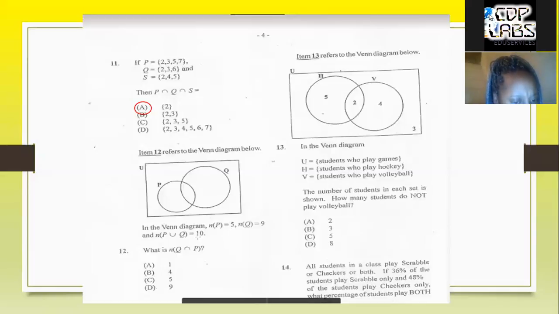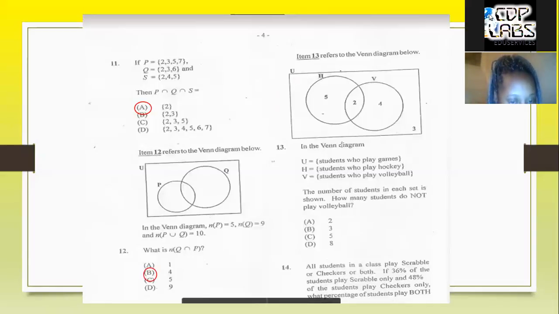So if it goes over the 10, what would you do to find the intersection? You subtract. So you subtract the 10 from the 14, and how much do you get? Four. Alright, so the answer is 4.